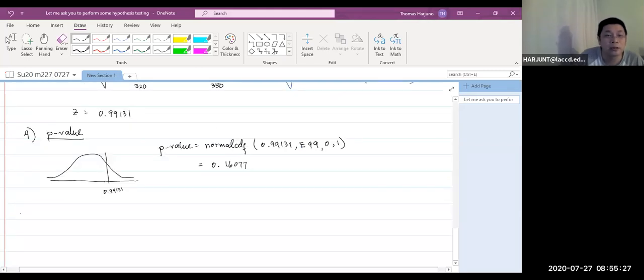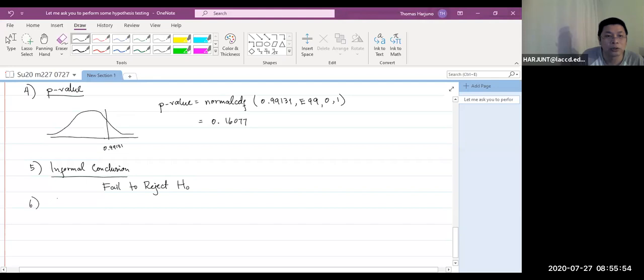So then, step 5, informal conclusion. Fail to reject the null hypothesis. What is the alpha, by the way? They don't tell us, so we use 5%, right?